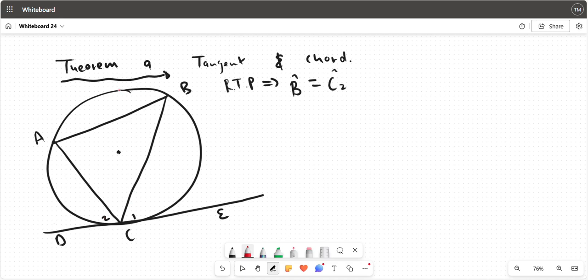What we need to construct, though, is this line here that goes all the way down there. So we need to construct PC that goes through the center.